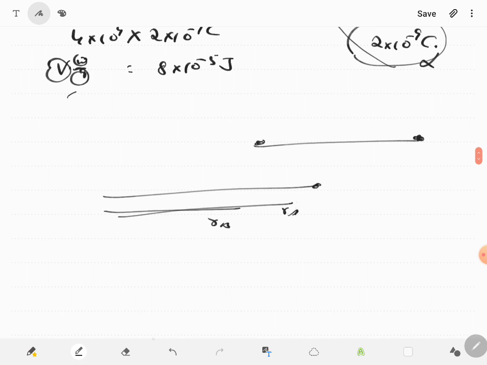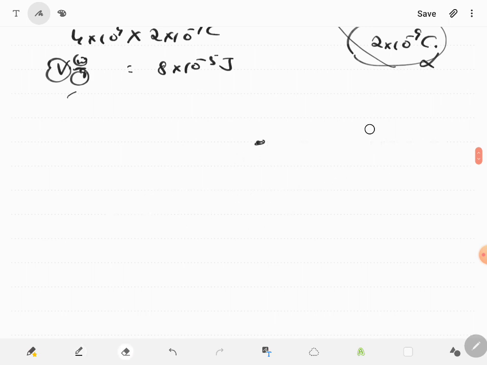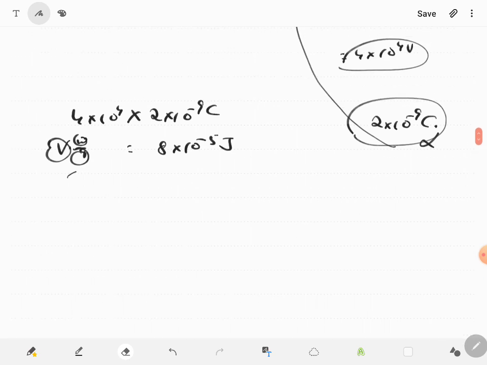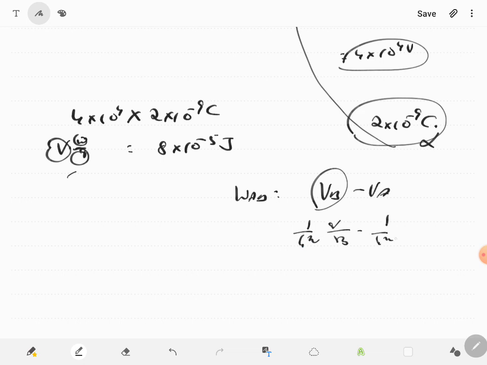Remember, we integrated from RA to RB, and all that is required is the initial position and the final position. The final formula obtained for the work done in bringing it is VB minus VA. So the 1 by 4 pi epsilon naught into Q by RB minus 1 by 4 pi epsilon naught Q by RA shows that it only depends on initial and final position, and does not depend on the path taken.